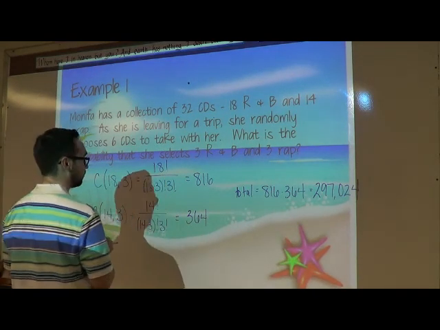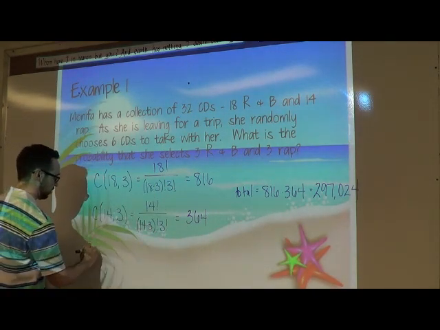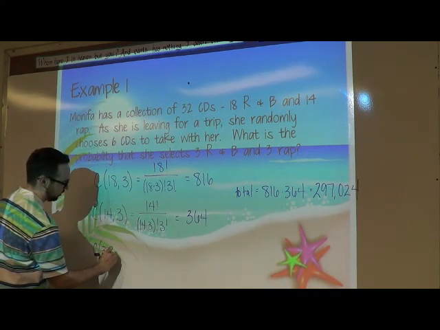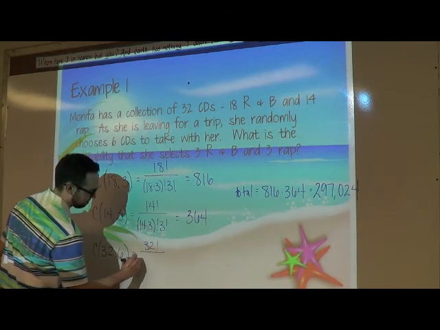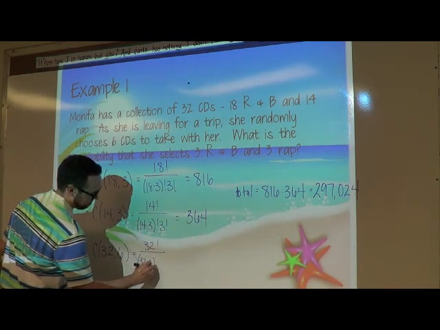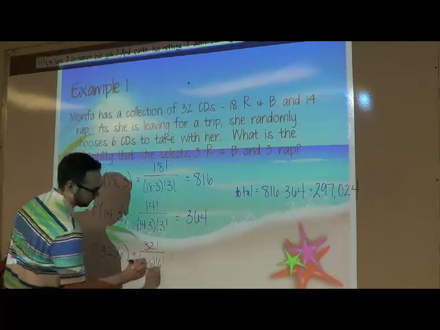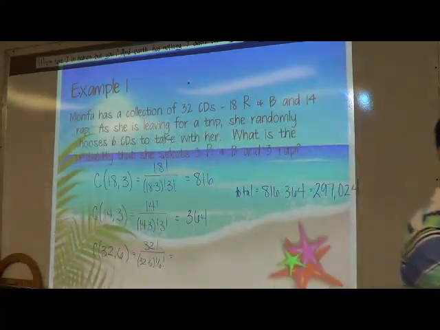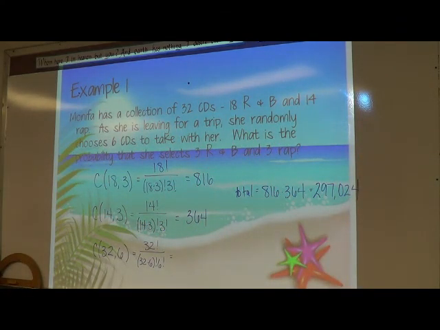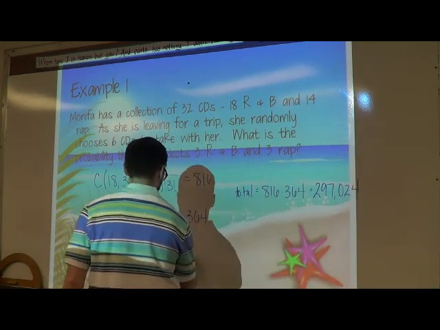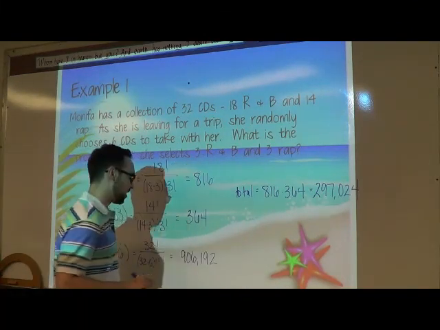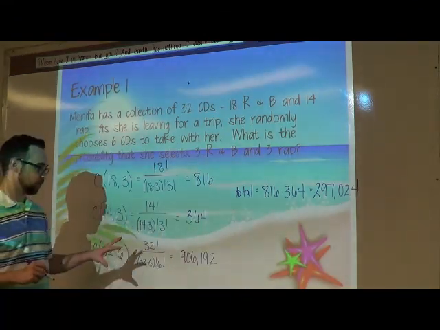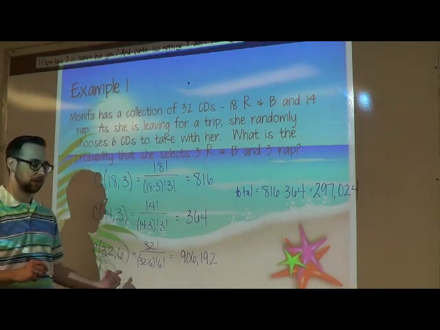Our total for both success and failure would be the combination of 32 CDs choosing 6. And that's going to be a very large number at 906,192. So 906,192 different options for choosing just 6 CDs at random.